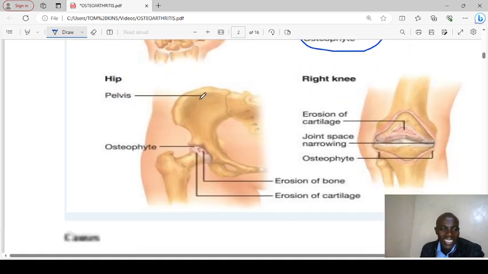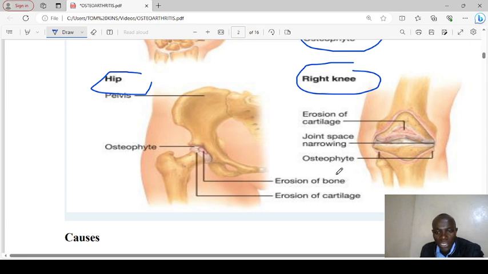We also have one for the bones and then the knees, where it is very common, and you can appreciate the erosion of the cartilage and the erosion of the bone and having extra bone, hence reducing this space, okay? We also have the erosion of the cartilage here, then the joint space narrowing, and then the addition of the osteophyte.